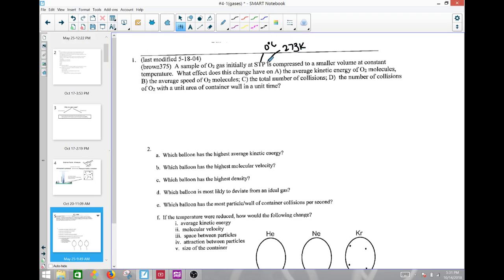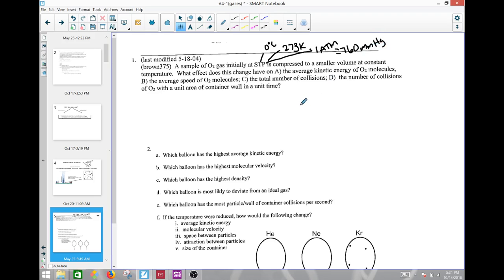The pressure is 1 atmosphere, or the equivalent would be 760 millimeters of Hg or torr.